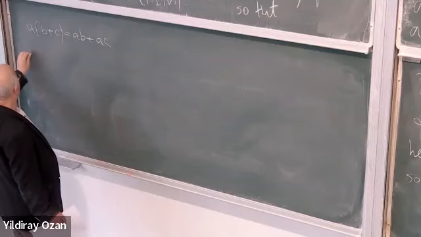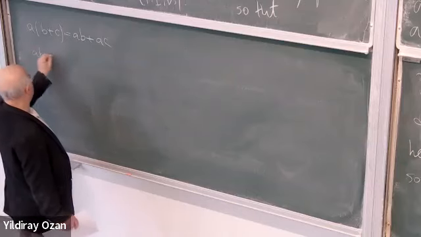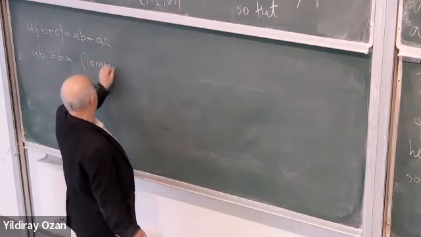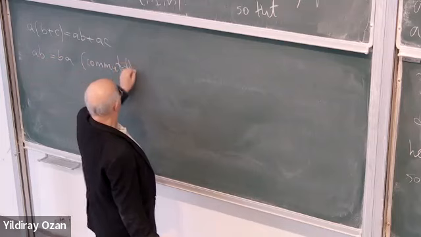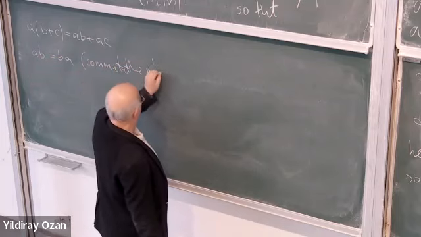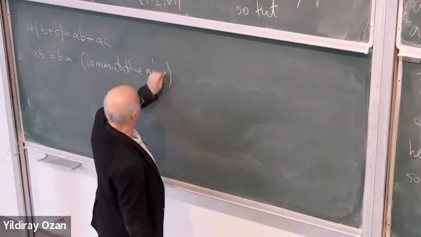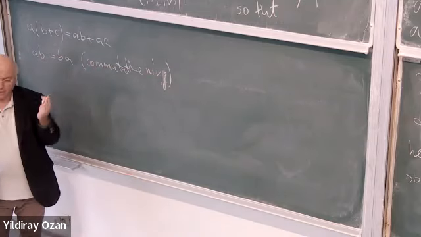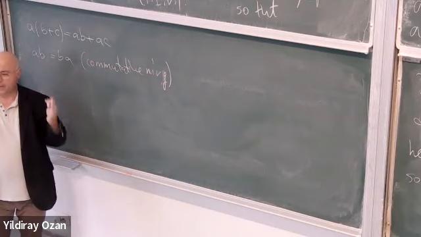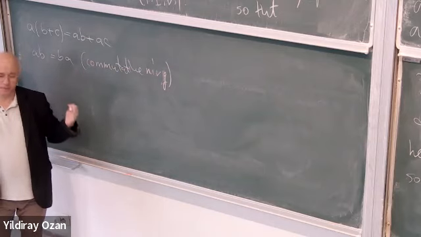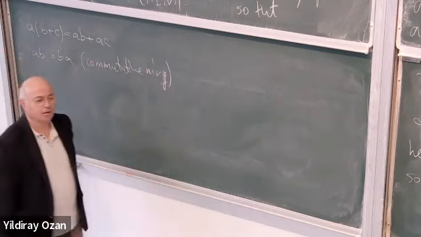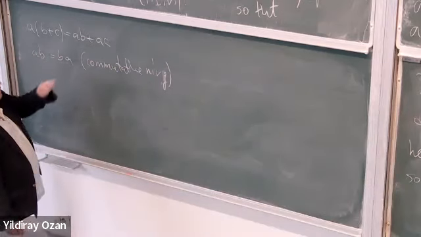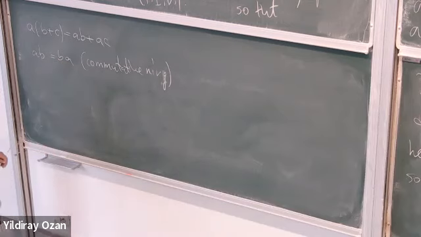A times b is equal to b times a, commutativity. Not all rings are commutative. For example, matrices under multiplication is not a commutative operation, right? A times b is not equal to b times a. So matrices form a ring. But in our case, we will only consider commutative rings.